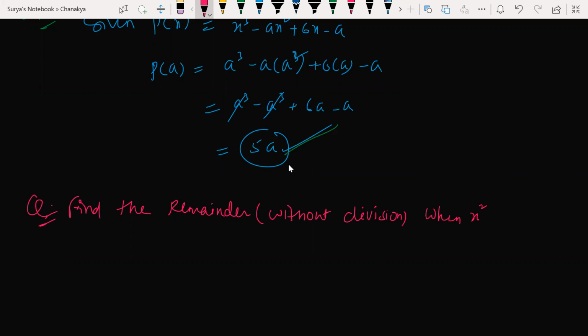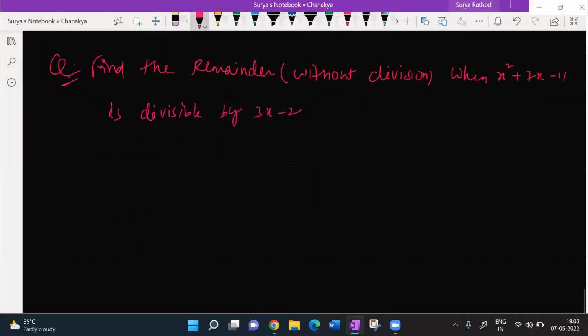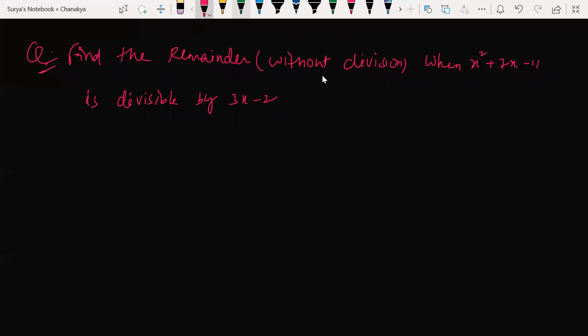You have to put your answer in the chat box. If you do not know, please put a message called IDK. Find the remainder without division when x square plus 7x minus 11 is divisible by 3x minus 2.